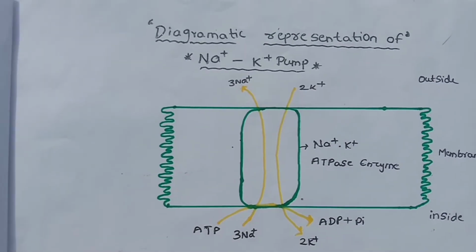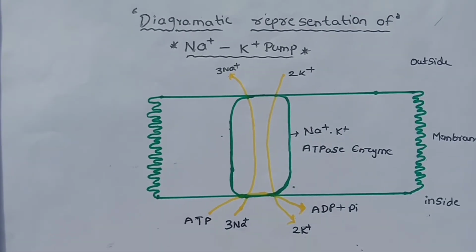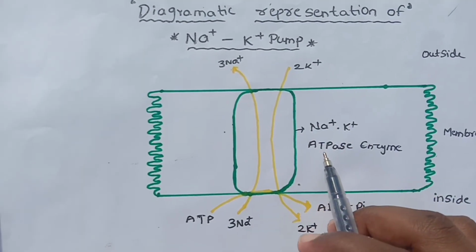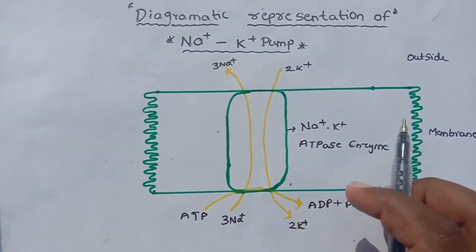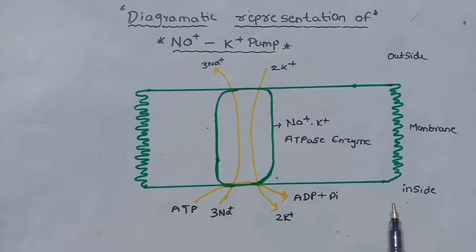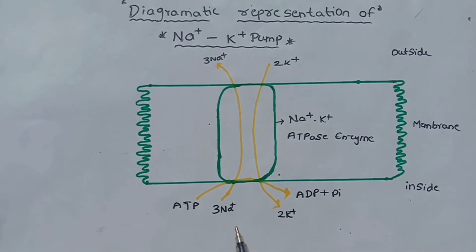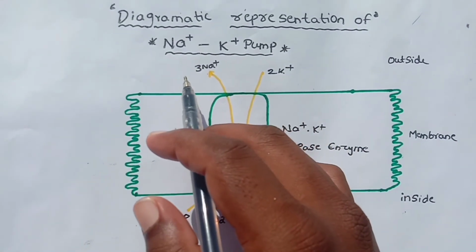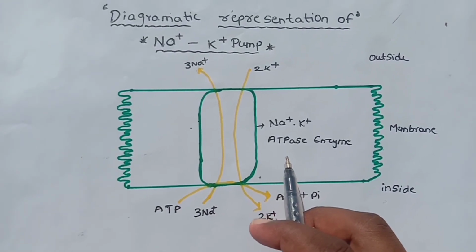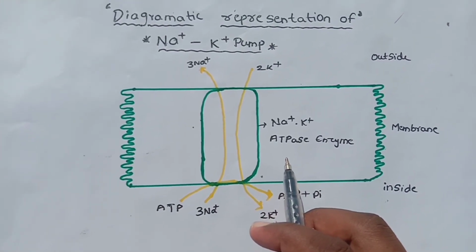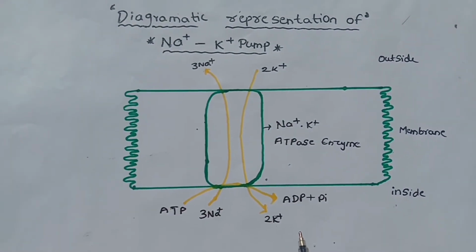This is brought about by an integral plasma membrane protein, namely the Na plus K plus ATPase enzyme. This enzyme pumps 3 sodium ions from the inside of the cell to the outside, and potassium from the outside to the inside.